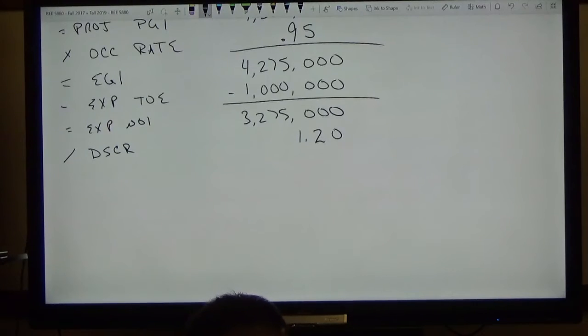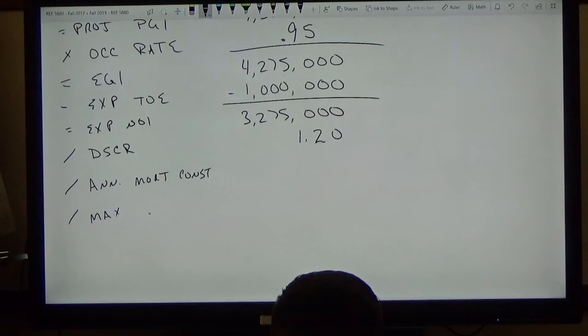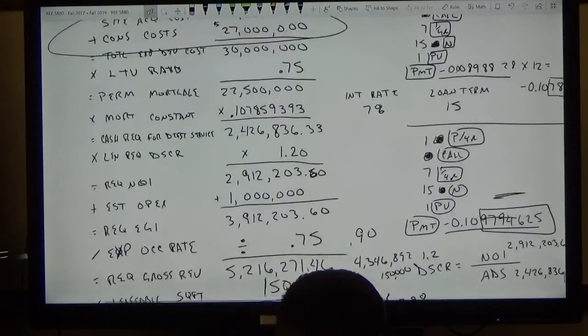All right, then right after that, we can divide by our annual mortgage constant, and then divide by our maximum loan-to-value ratio. Okay, well, our loan-to-value ratio that we used up above was 75%.